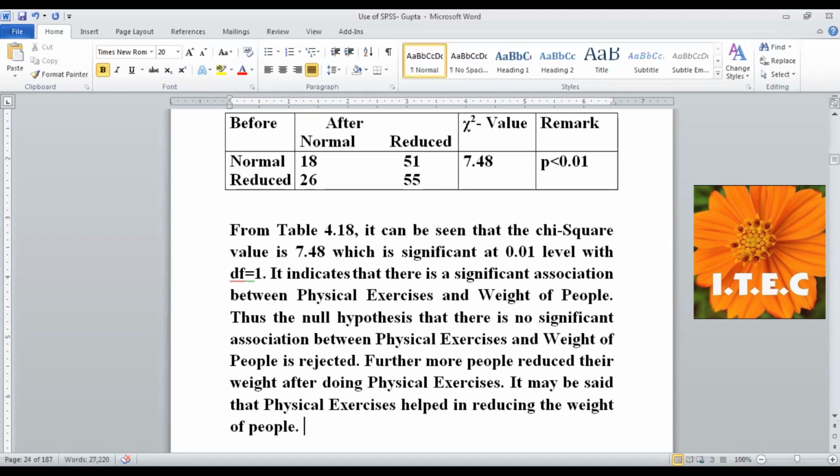That's all. Or you can say it may be said that there is a significant association between the physical exercise and weight of the people. That also you can say.